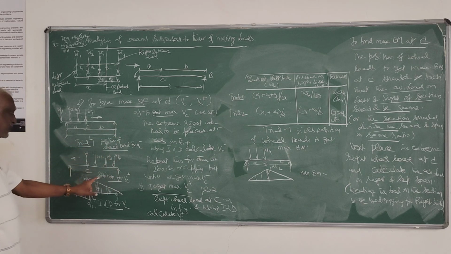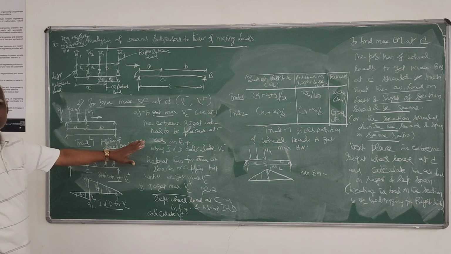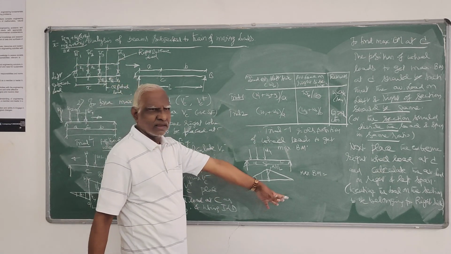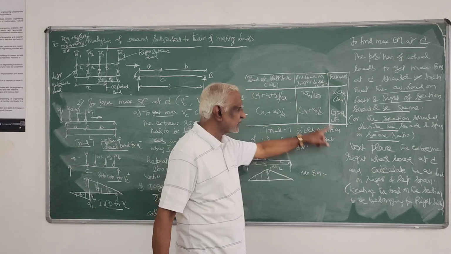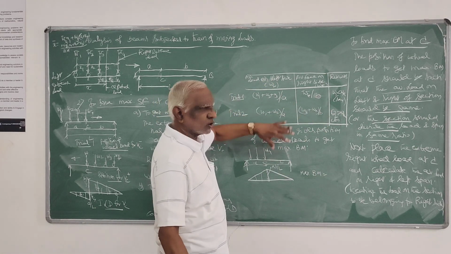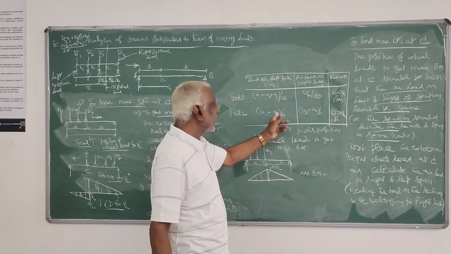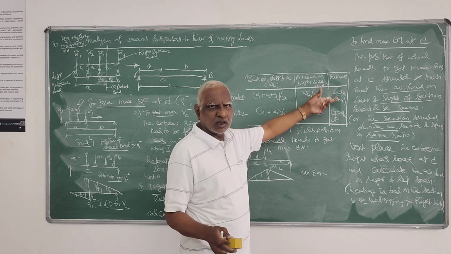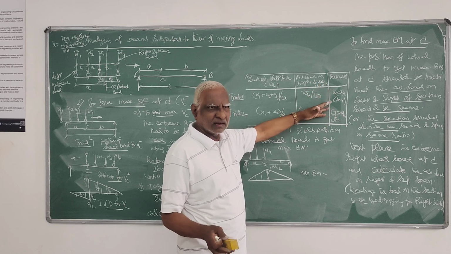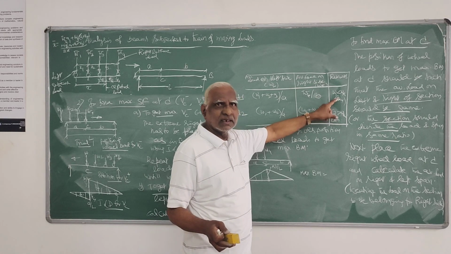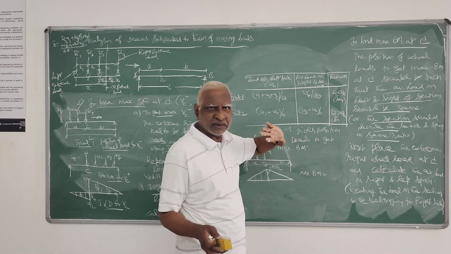Next, you do this. Allow wheel load to move from right to left. Left to right you have allowed, right to left you allow. Repeat this process. For the first position, you find out average load on left and right. Next you allow next load to move. Again find the average. You check whether this average load on left is the same thing, and on right side, in the remarks column, just check whether the same kind of thing is happening or not.